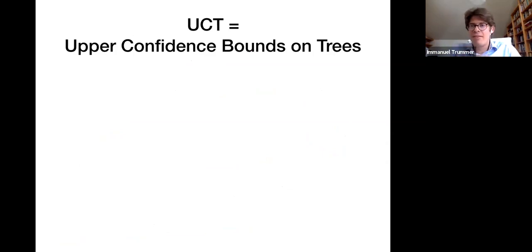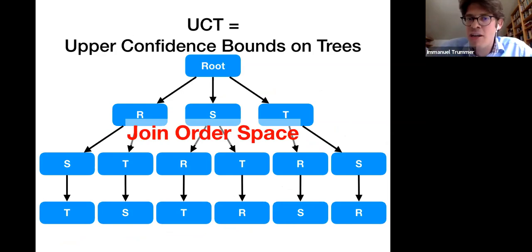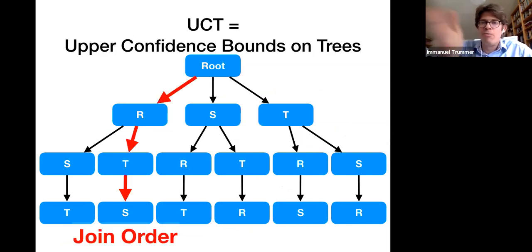So as the name suggests, the algorithm represents the search space for optimization as a search tree. So in our case, the search tree represents possible join order choices. And then one path from the root node to one of the leaf nodes corresponds to one specific join order.